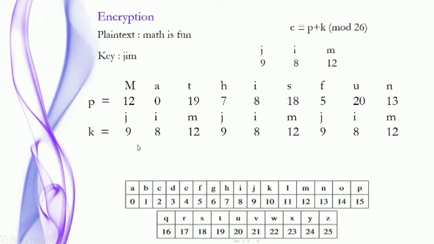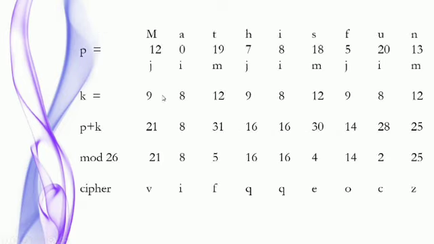Now we are going to follow the same formula, that is P plus K, right? We add this P: 12 plus 9 is 21, 0 plus 8, 19 plus 12. If we add, we get 21, 8, 31 and so on. Some numbers are greater than or equal to 26, so now we take modulo. 21 stays 21, 8 stays 8.